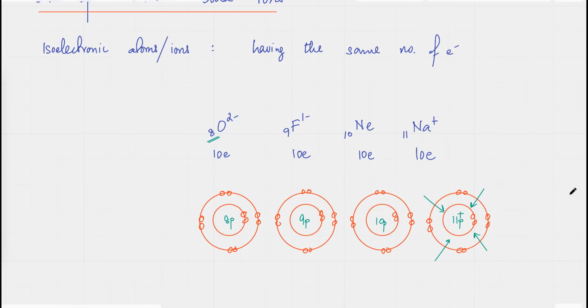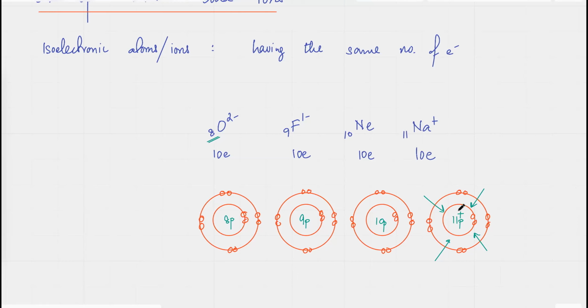As it loses electrons, right? No, it has lost an electron. We don't care. How many electrons does it have? It's got 10 electrons, right? And how many protons has it got? It's got 11. So all of them have exactly the same number of electrons. The electronic configuration is exactly identical.